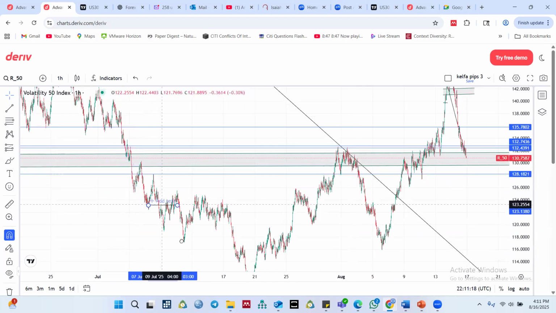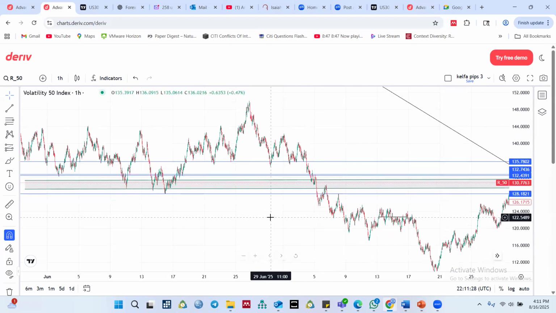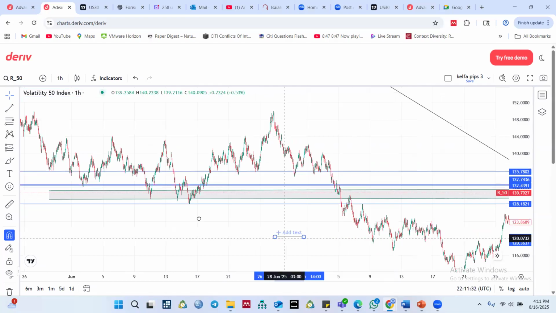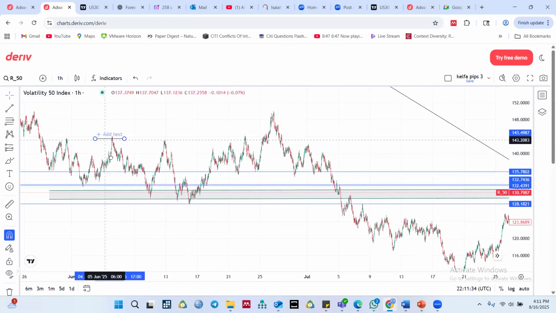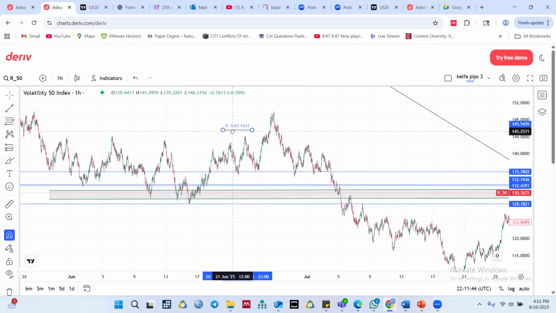We hit, we break. So we use this as a ceiling resistance. Drop down, broke it, retested, and drop. This is 50 index. From the upside, drop, move up, drop, move up, drop, move up, drop, broke it down, and then moved up.